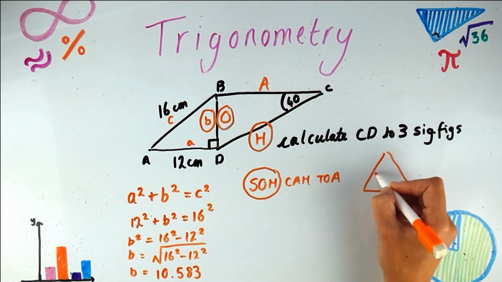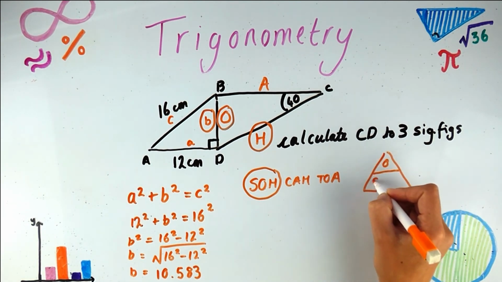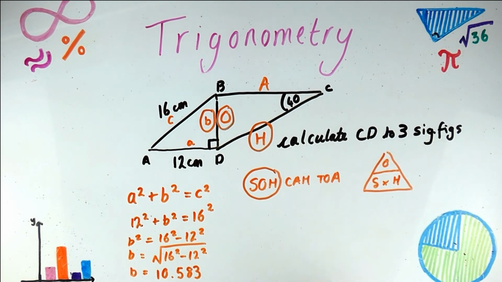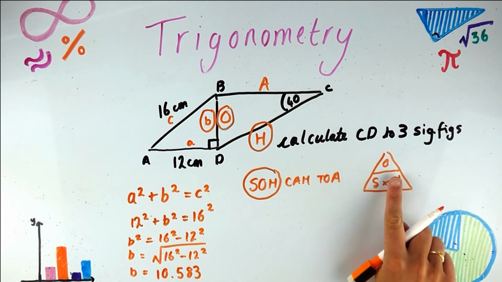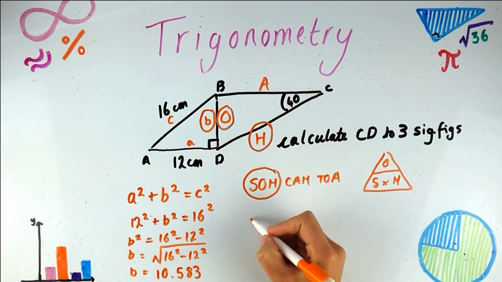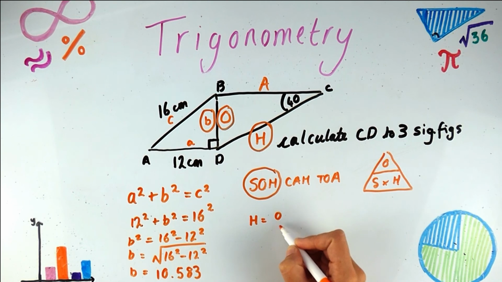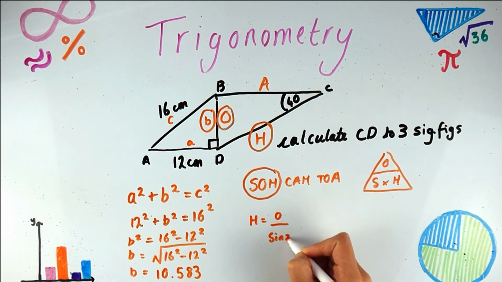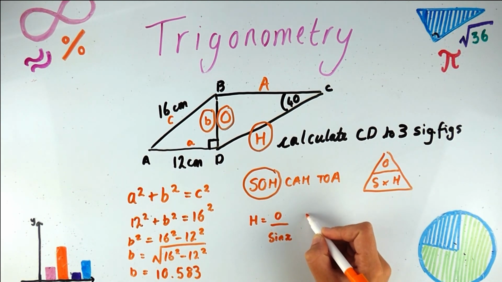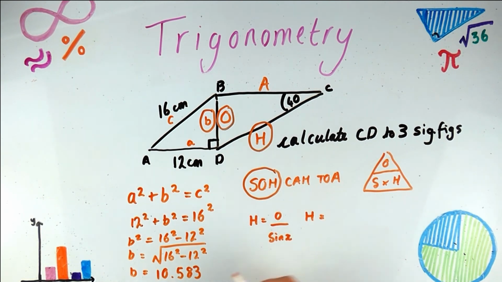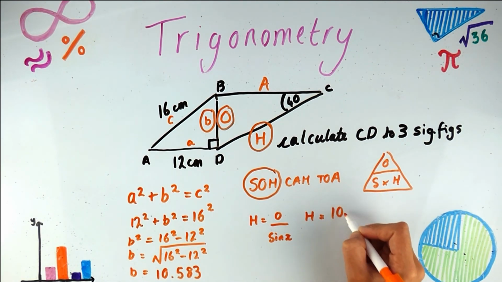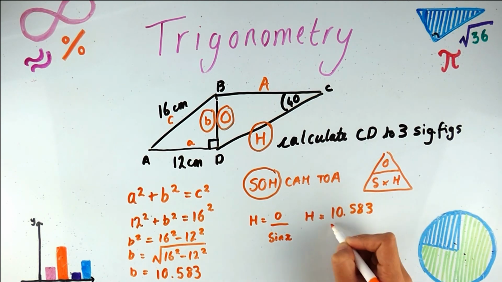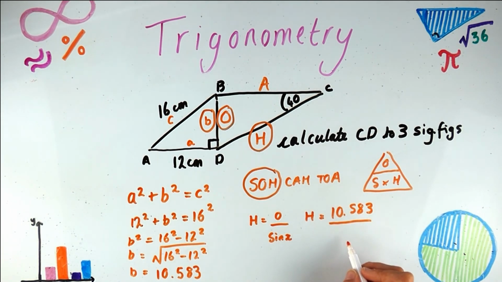Write out our formula triangle. We want to find H, so we cover up H, and we've got H equals O over sine x. So H equals O, which is our value down here, 10.583 over sine of 40.